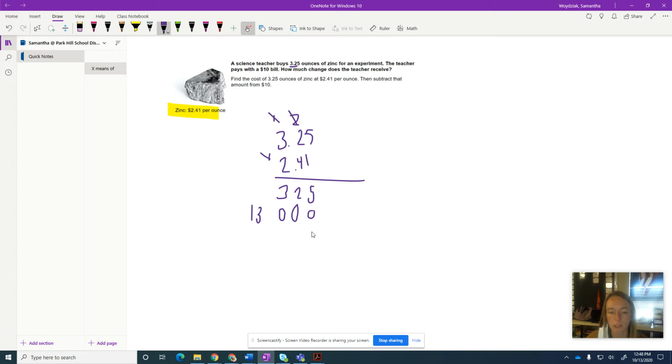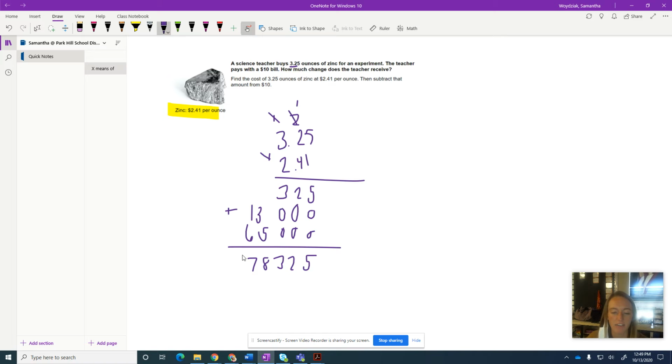I'm now moving over 2 place values, so I have 2 zeros. 2 times 5 is 10. 2 times 2 is 4, plus 1 is 5. And 2 times 3 is 6. All right, so when I add these together, I get 5, 2, 3, 8, 7.